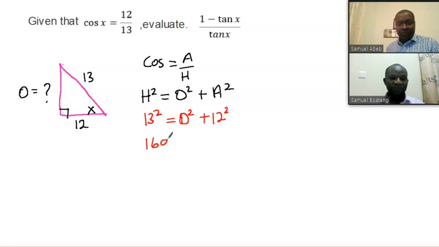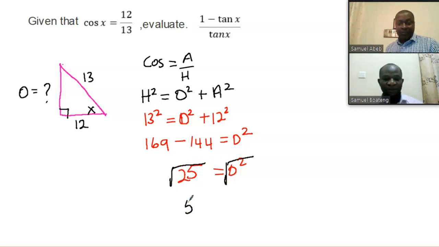This implies that 169 minus 144 is equal to opposite squared. So this will give you 25 equal to opposite squared. To get the opposite side, you take the square root on both sides. The opposite side is equal to 5.